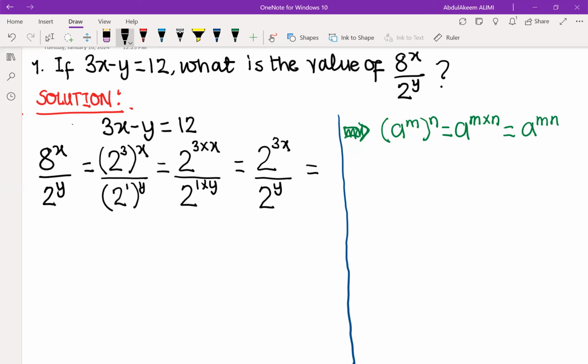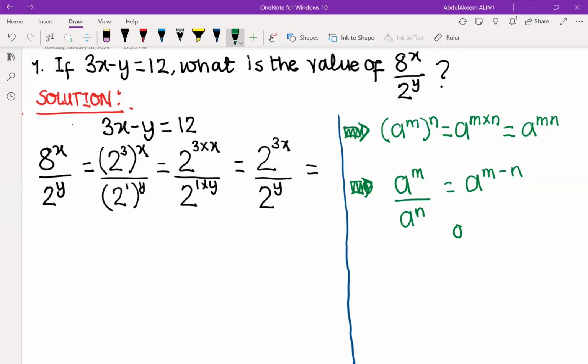There's a certain law under the laws of indices that we can apply to solve this further. What is the law here? We have the second law: a raised to power m divided by a raised to power n becomes a raised to power m minus n.